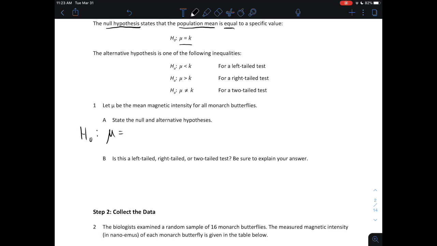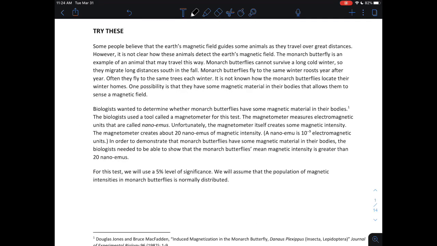And now all we need is, from our example, what is that number for the mean? If we go back to what was given, we'll see that in order to demonstrate that monarch butterflies have some magnetic material in their bodies, the biologists needed to be able to show that the monarch butterfly's mean magnetic intensity is greater than 20 nanoemus.